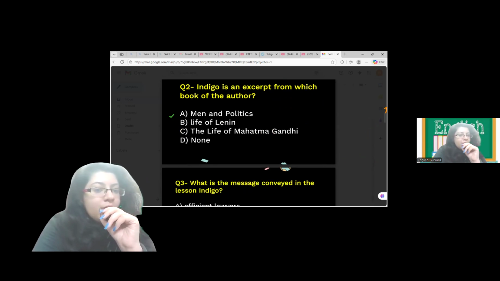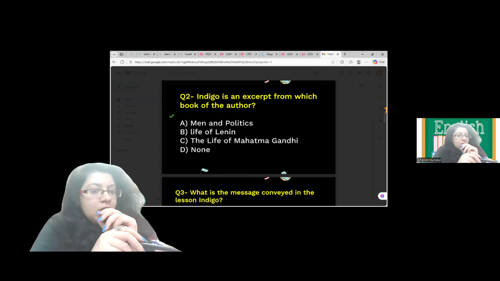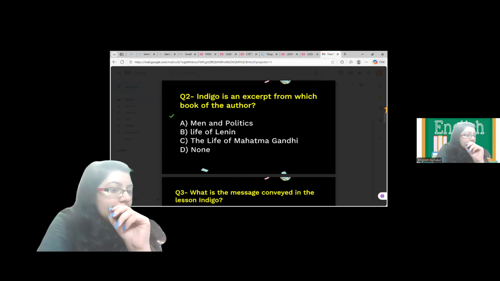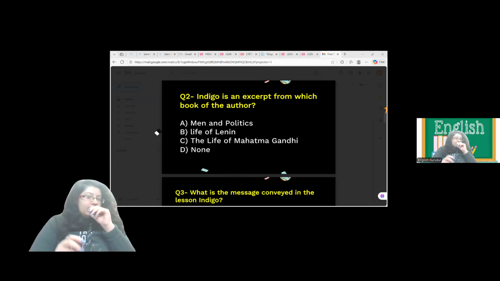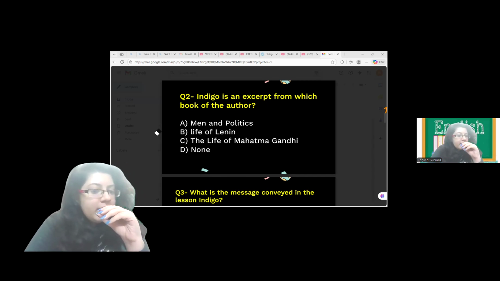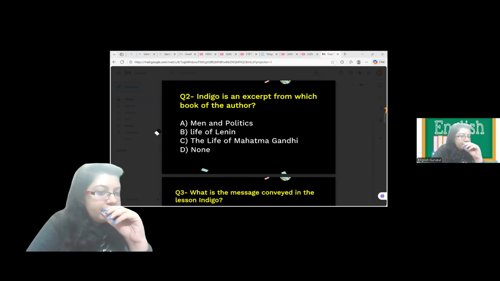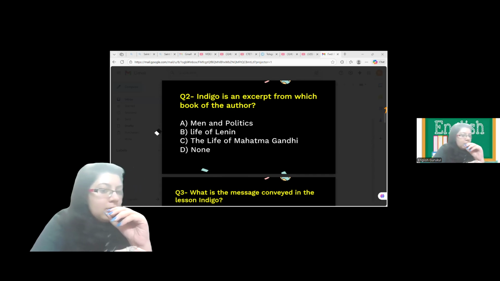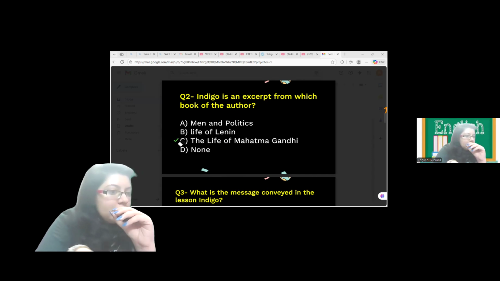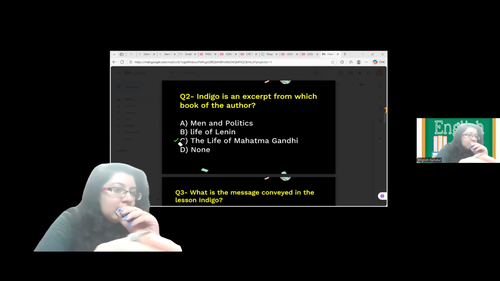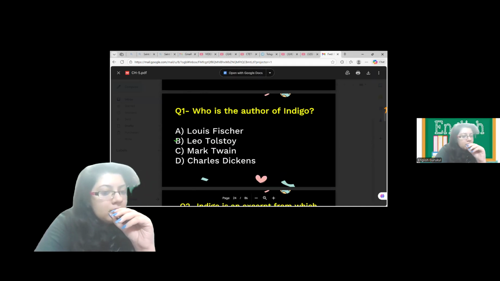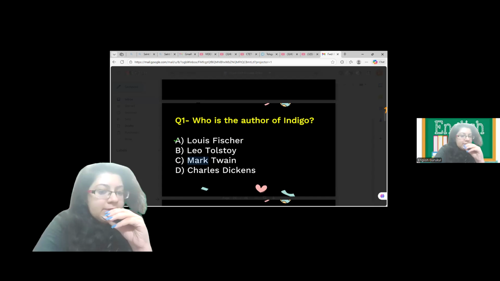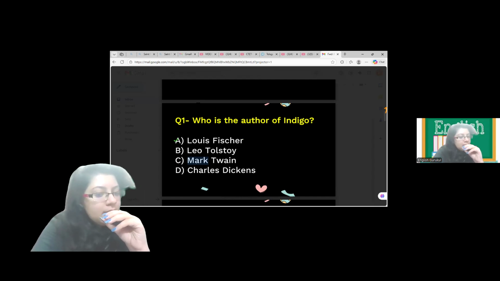Indigo is an excerpt from which book of the author? Men and Politics, Life of Lenin, The Life of Mahatma Gandhi? None. Obviously, we are talking about Gandhiji, so it would be The Life of Mahatma Gandhi. You should not even take a second, guys. I'll give you the options as well: Louis Fisher, Leo Tolstoy, Mark Twain, Charles Dickens.